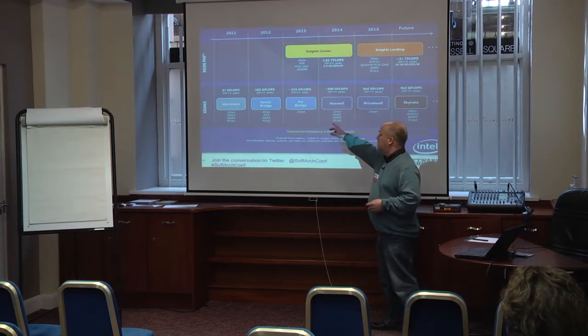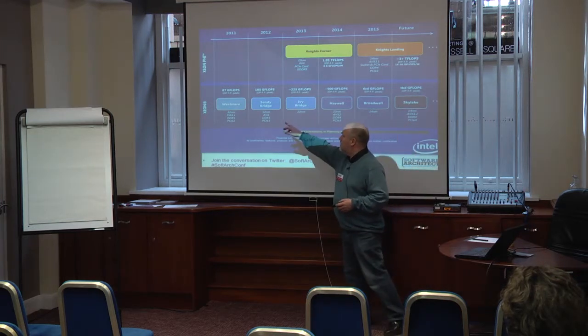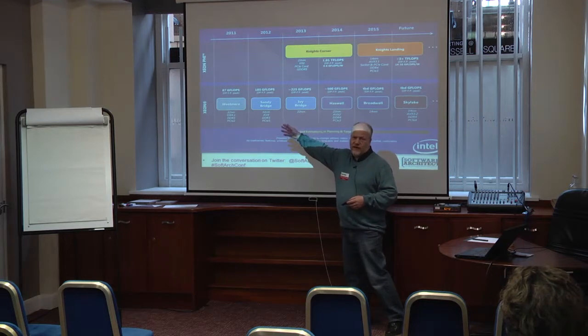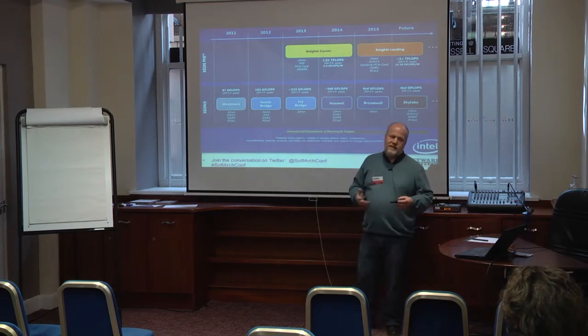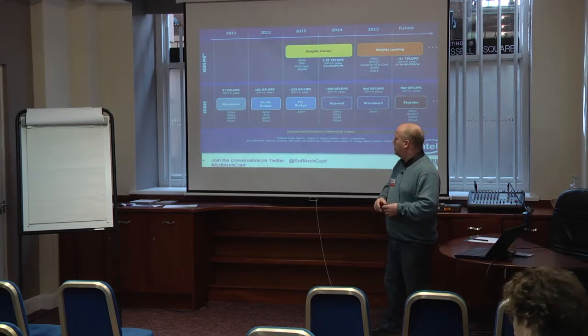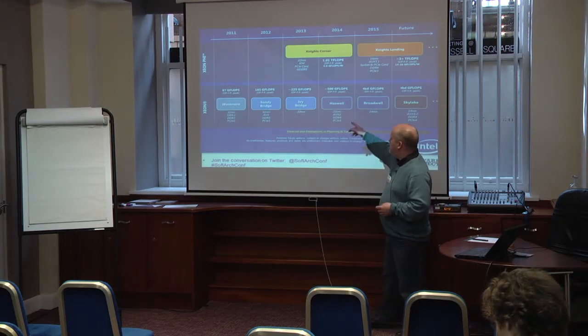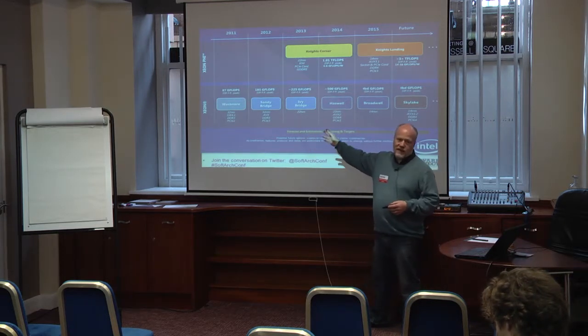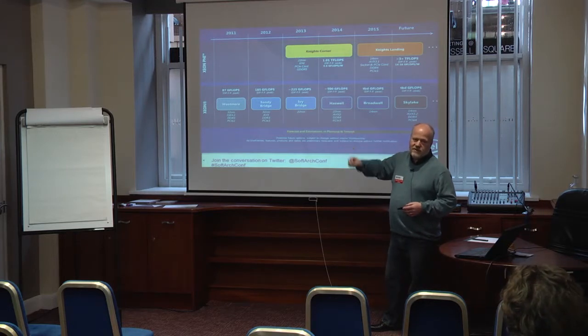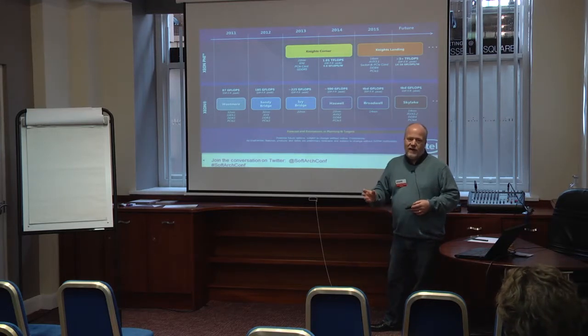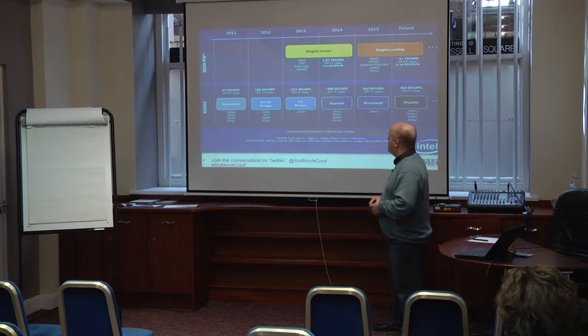On the bottom here, these are the regular Xeon processors, the ones that you'd find in your PC or your server or your laptop. These names are the code names that Intel gives for different processors, which helps identify which microarchitecture is being used.